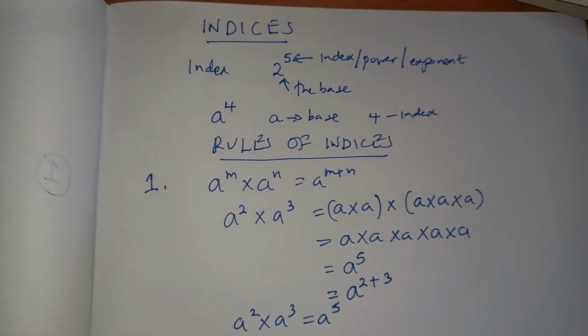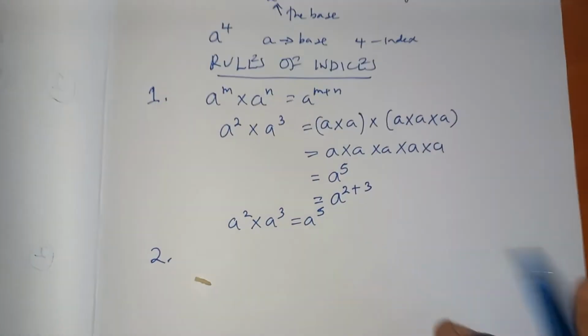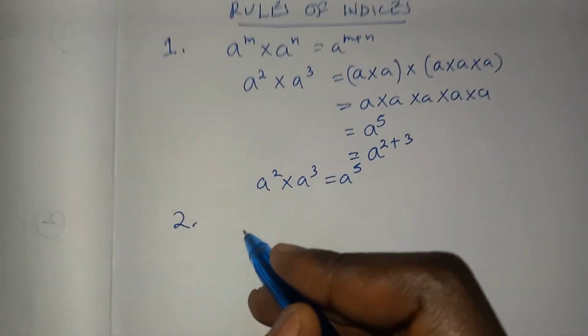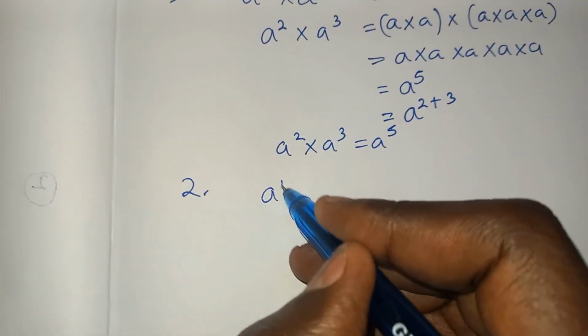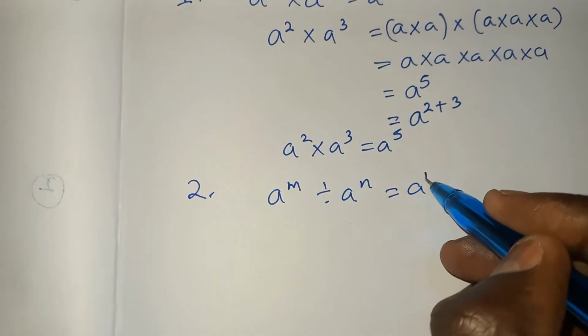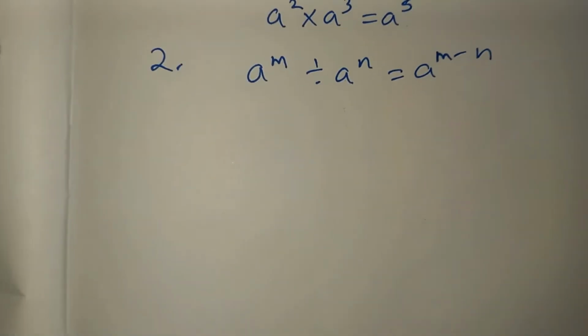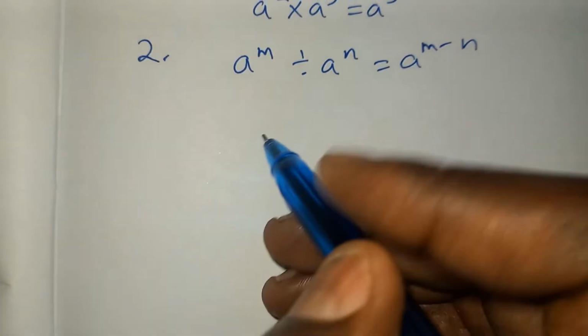Number 2, we have a power m divided by a power n is the same as a raised to power m minus n. Now, how do we demonstrate this?